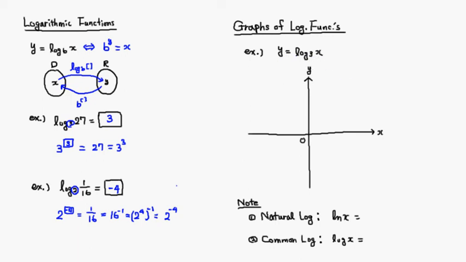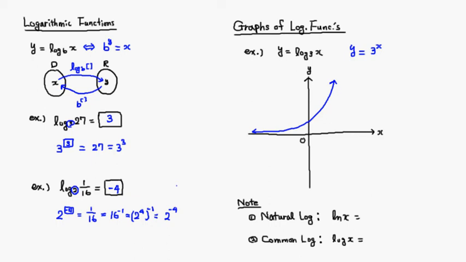The corresponding one is y equals 3 to the x, the corresponding exponential function of the same base. We know how to sketch 3 to the x. Since 3 is bigger than 1, it's going to be an increasing exponential function, an increasing graph, which looks kind of like this.